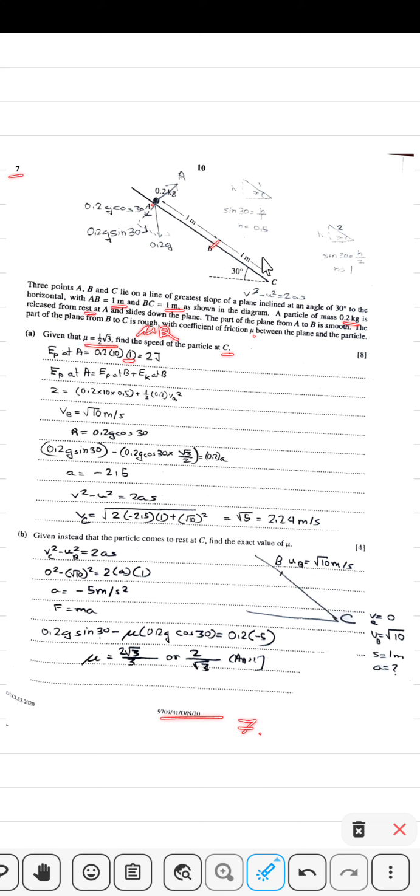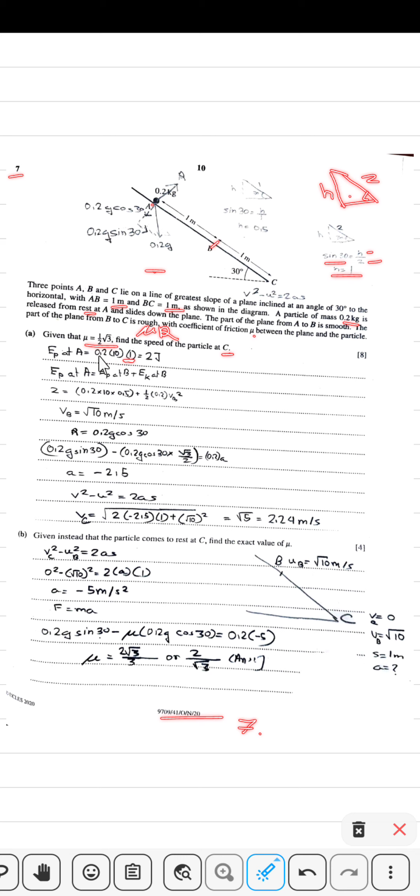The hypotenuse is 2, since 1 plus 1 is 2, and the angle is 30 degrees. So sine 30 is opposite by hypotenuse, so the opposite, the vertical height from A to C, comes to 1.